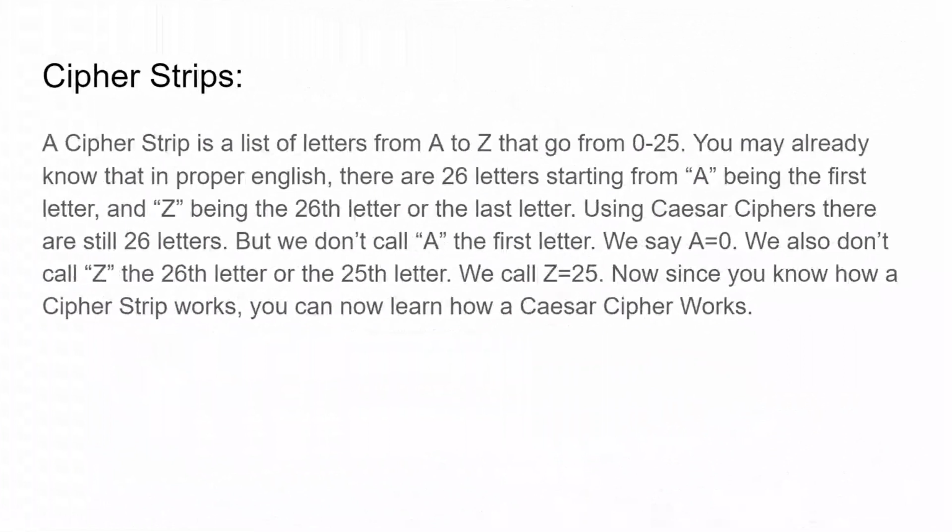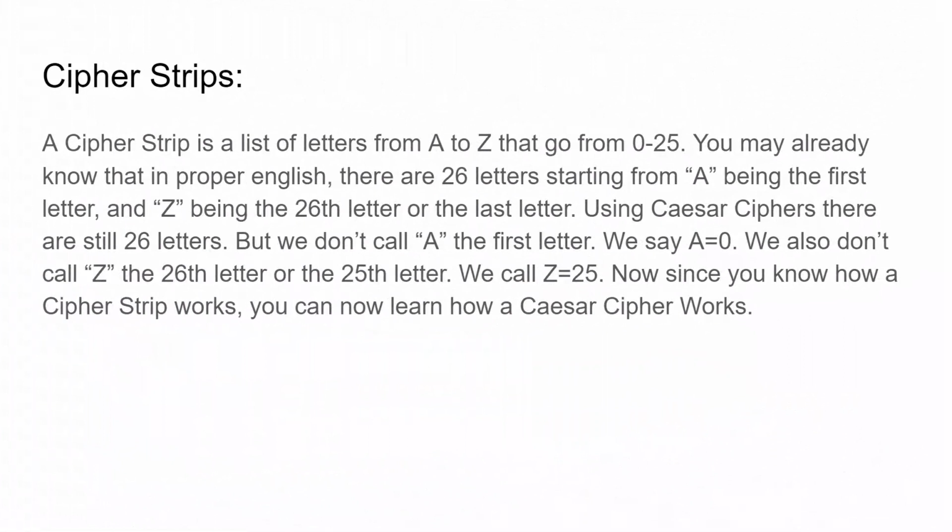A cipher strip is a list of letters from A to Z that go from 0 to 25. You may already know that in proper English, there are 26 letters, starting from A being the first letter and Z being the 26th or the last letter.